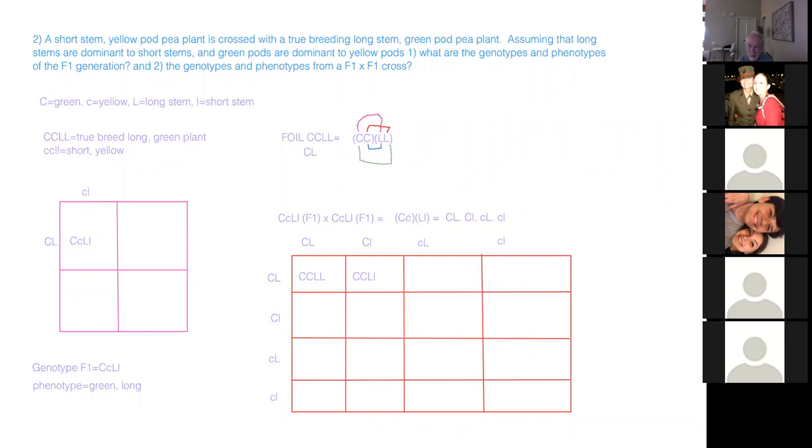Big C, little c, big L, big L. Thank you. And someone else, what's this last one in the first row going to be? Big C, little c, big L, little l. Okay.